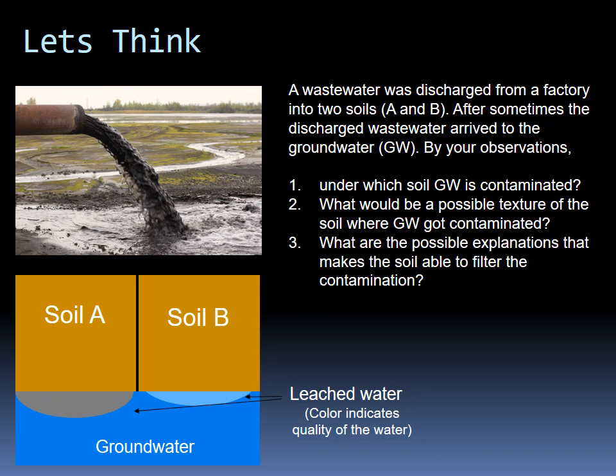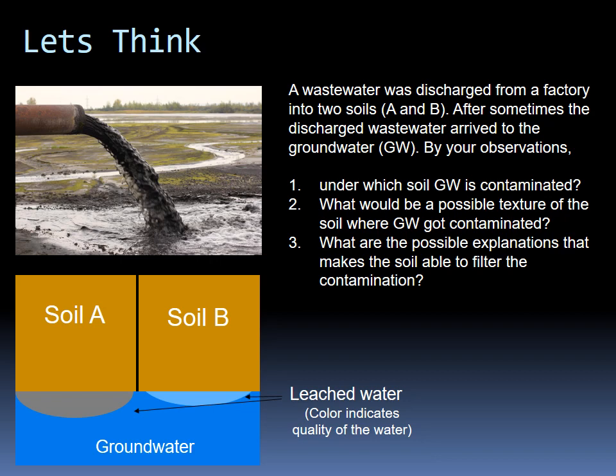After some time, of course, the chemicals or the wastewater reach the groundwater. Now look at the picture down below and look at it very well and tell me under which condition the groundwater is contaminated.